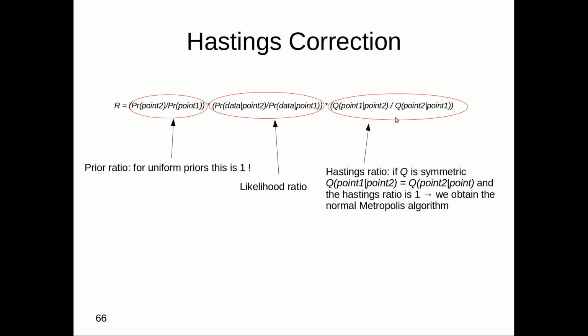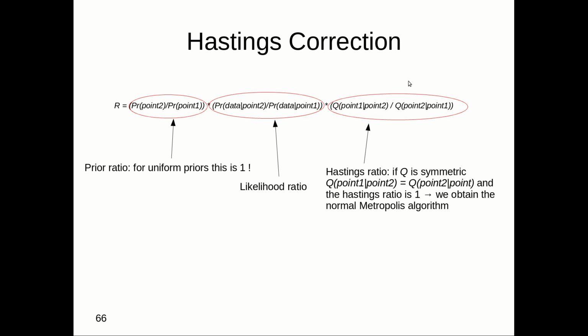And so this is known as the Hastings correction and is introduced in our ratio calculation. So we have the ratio of the priors for the 2 points, we have the likelihood ratio, and then we have the so-called Hastings ratio. If Q is symmetric, if our proposal distribution is symmetric, then the Hastings ratio is 1, and we obtain the normal Metropolis algorithm.